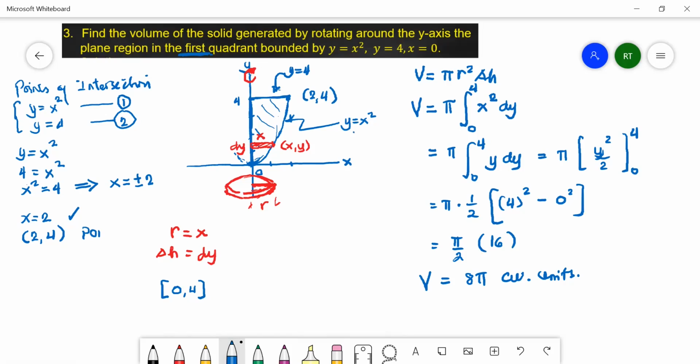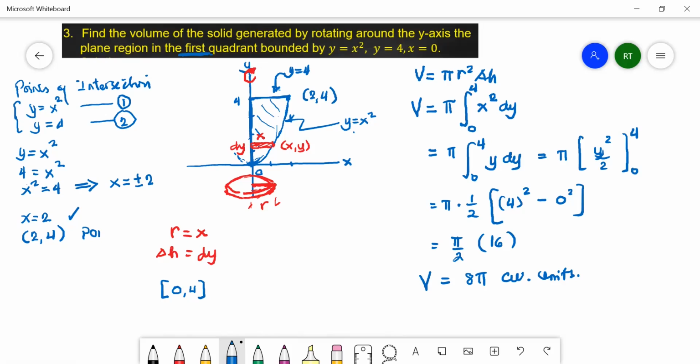So this is how to find the volume of a solid of revolution using the disk method. Again, we have to remember two things if you want to use the disk method. The region must touch the axis of revolution, meaning the axis of revolution forms part of the region.